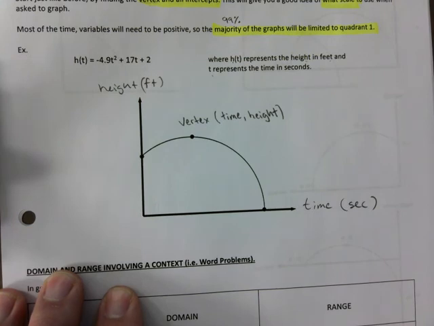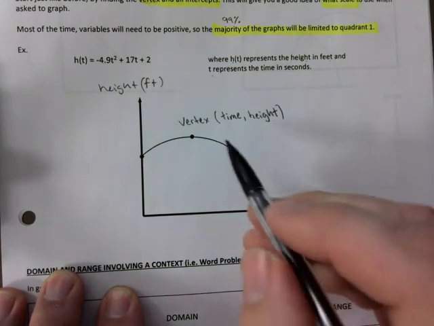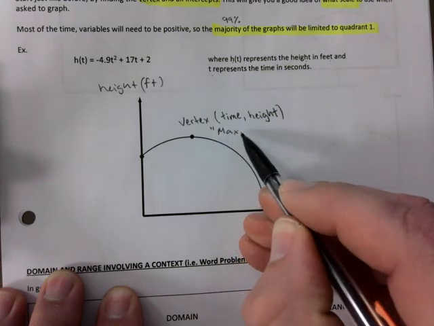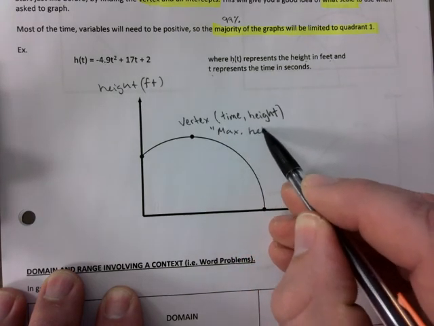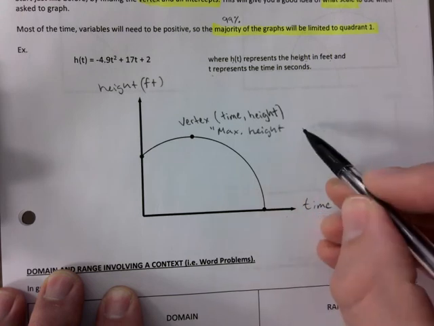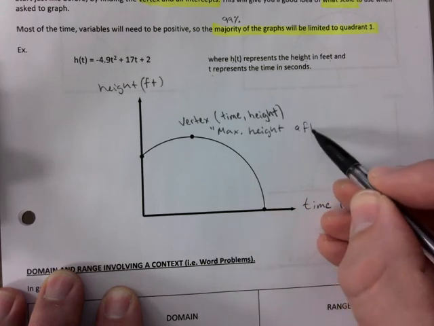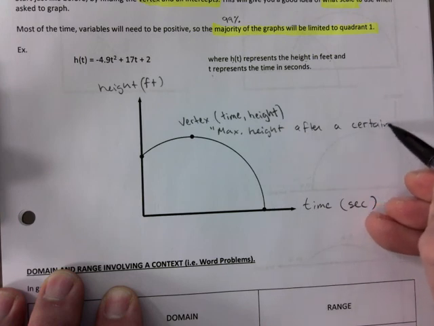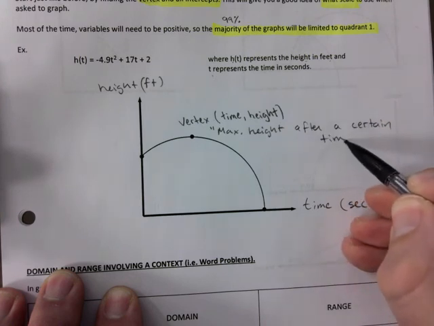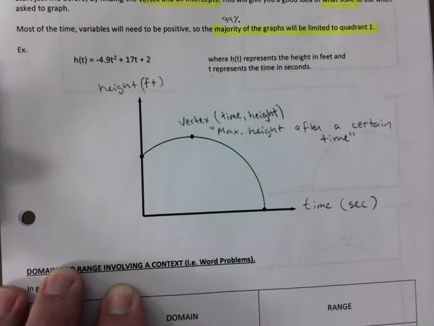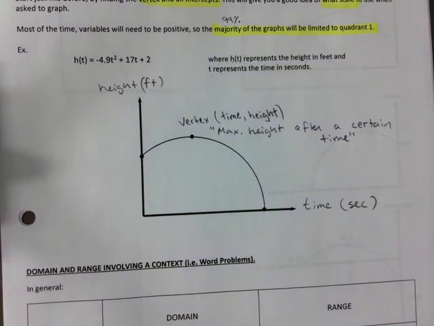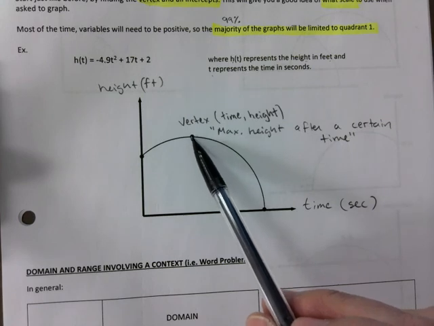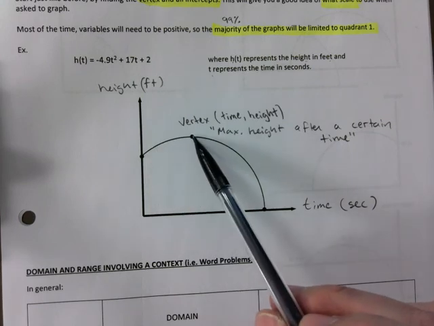And this is the maximum height achieved after a certain time. If you're ever asked to explain what you just found, you found how many seconds went by until you reached the maximum height.